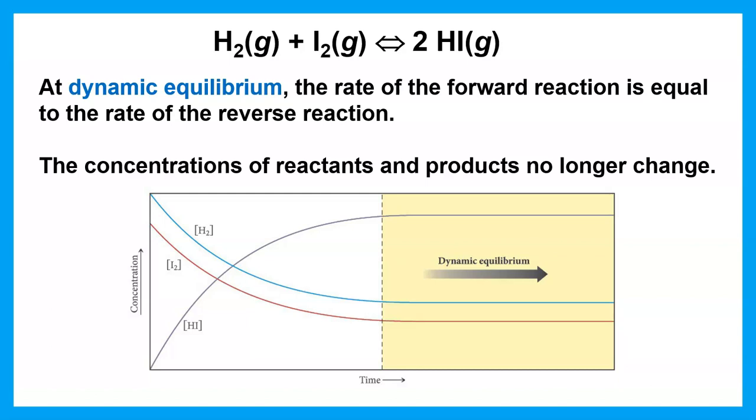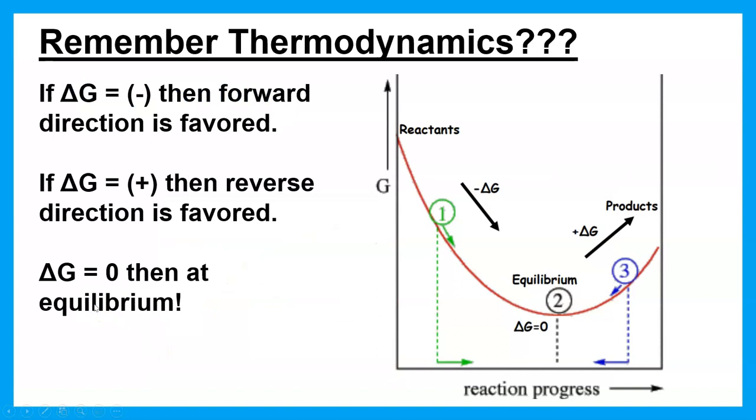They like to sometimes throw problems at you where you have to take equilibrium and connect it to kinetics or even to thermodynamics. If you remember from thermodynamics, we learned a little bit about how we can use our delta G value to identify whether or not a reaction is at equilibrium.